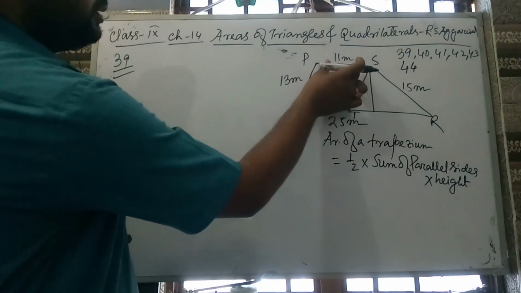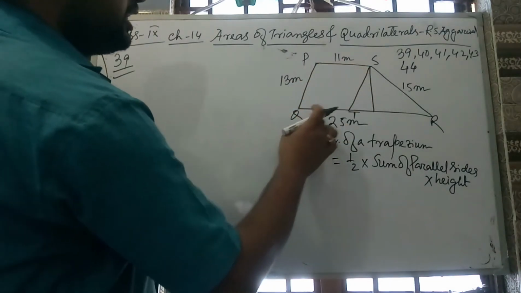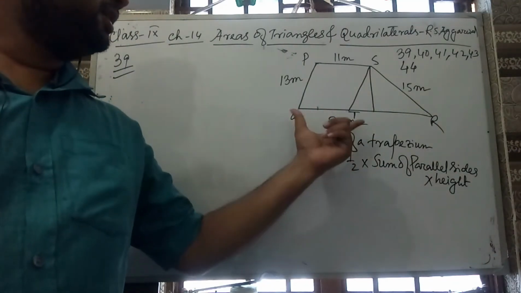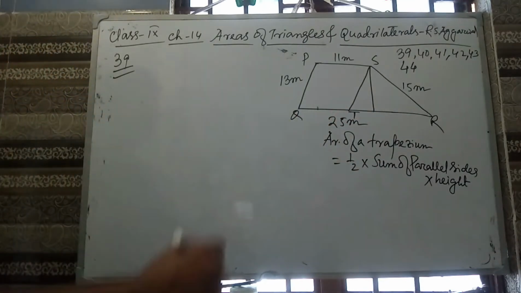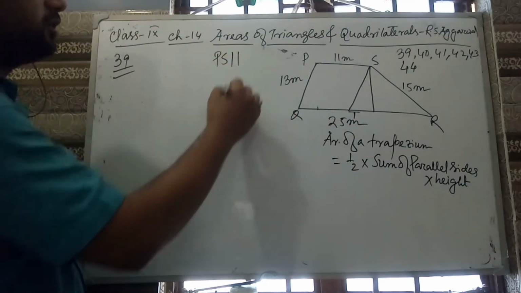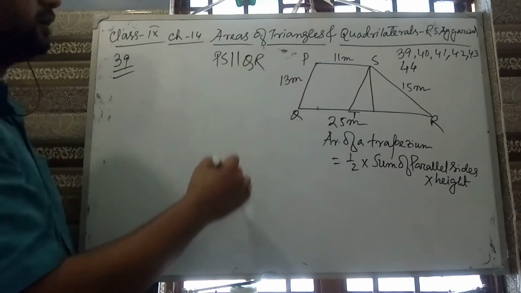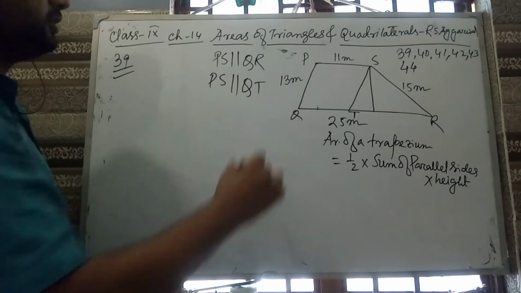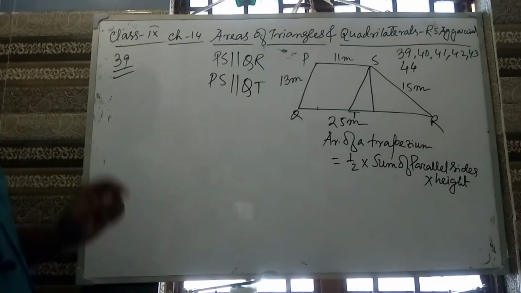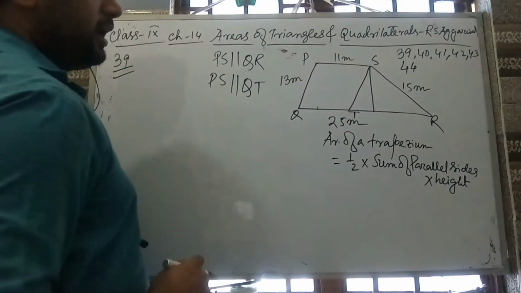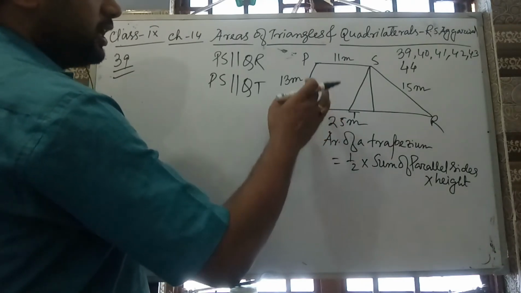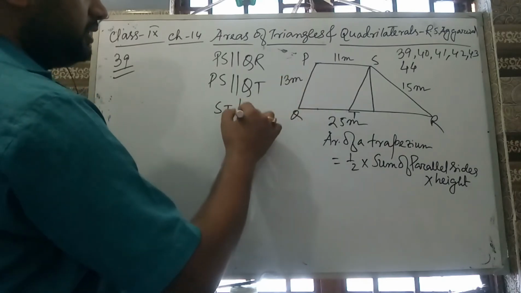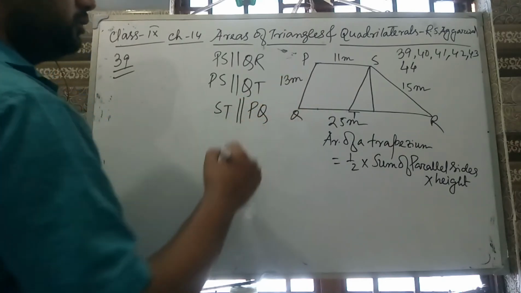So we see that PS and QR, they are parallel and QT is a part of QR. PS is parallel to QR. That means PS will also be parallel with QT. And by the construction we have constructed ST such that it is parallel to PQ.